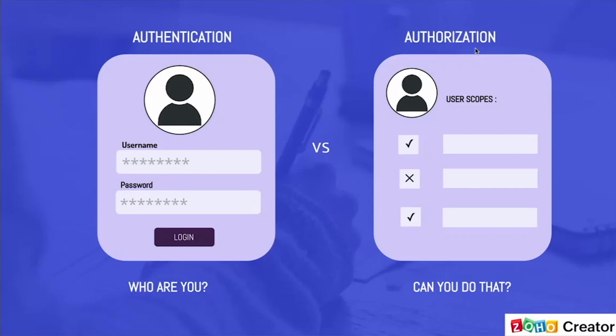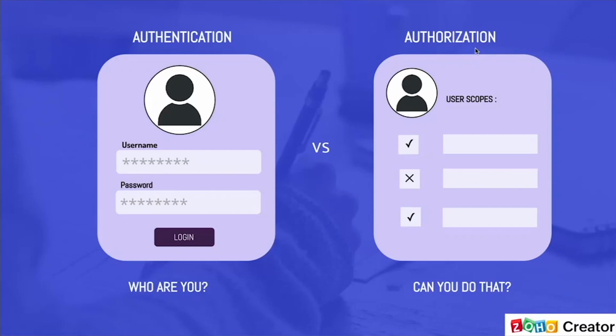And there are some places in the office that you are authorized to access, and there are some premises that you are not authorized to access. That is where authorization comes in: only a few specific places you can access and a few you cannot. Those limitations, we call scopes.